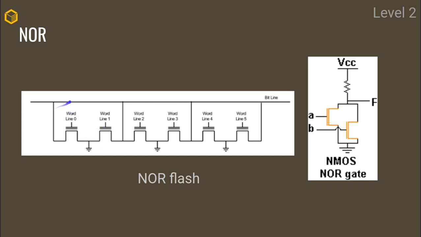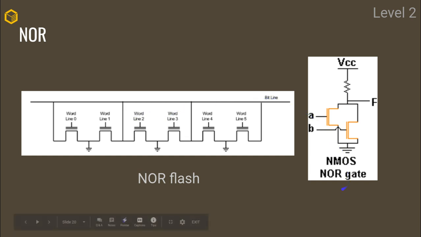And you can see that I can activate each of these lines through my word line here. And then when I activate something, so I put the voltage read threshold, then the value would be able to flow through my bit line or not flow through my bit line. And I can address them independently. And we call this a NOR flash.